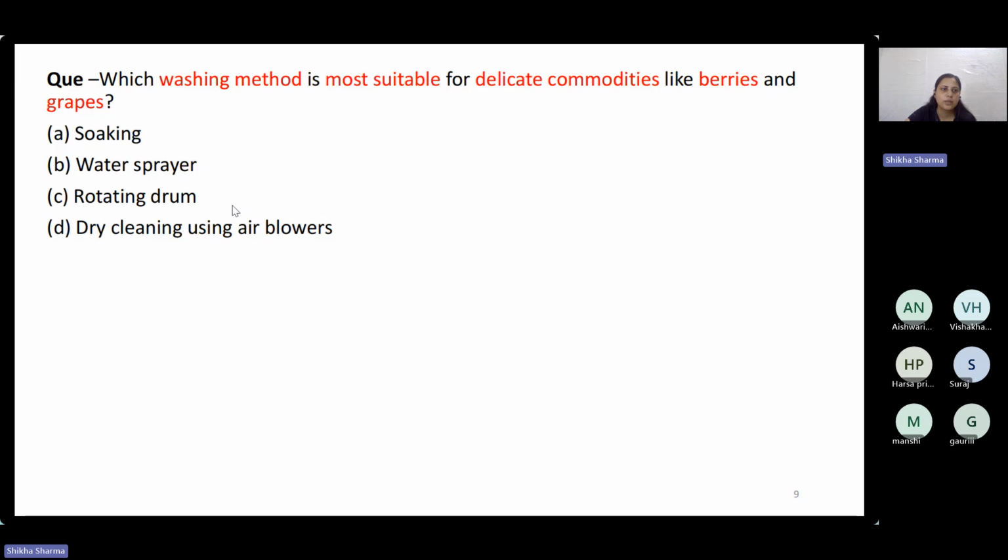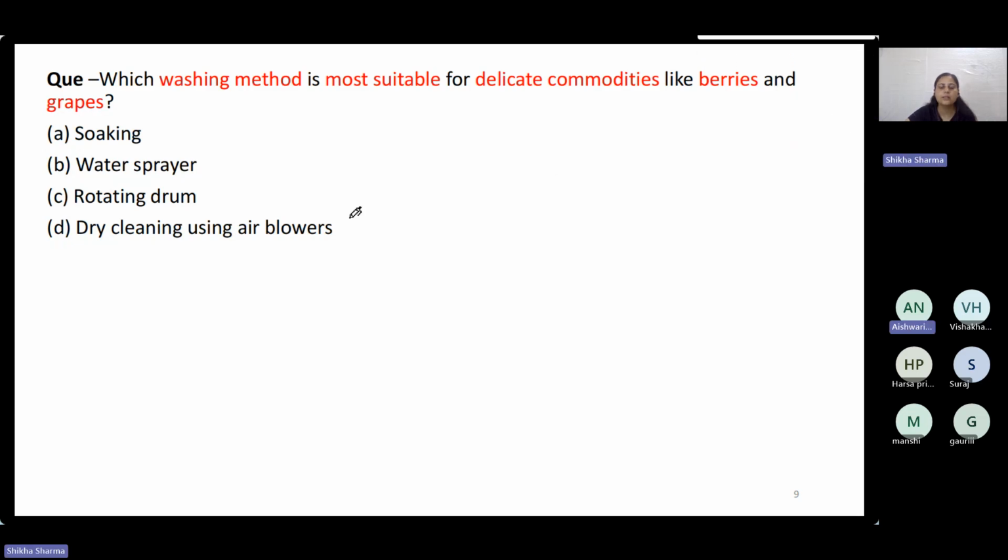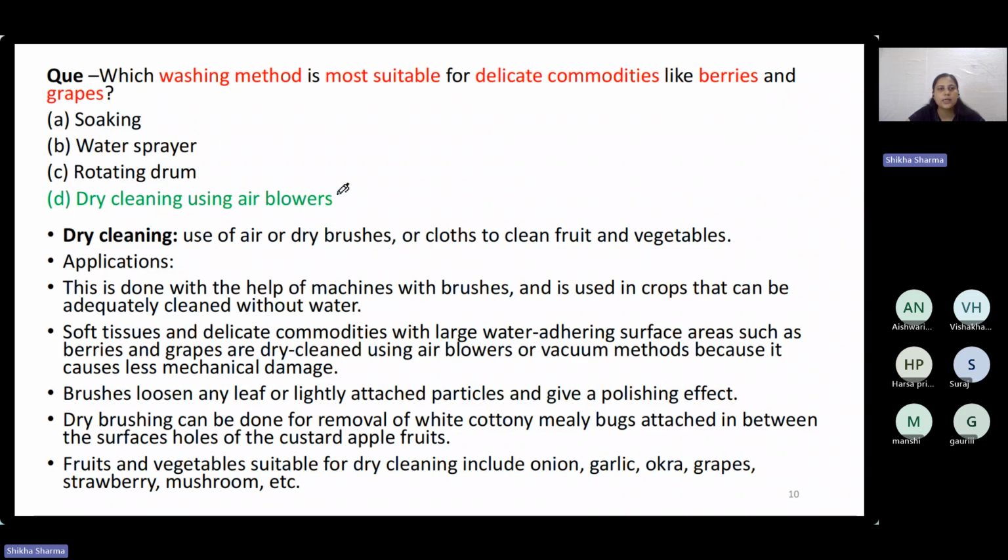So we have soaking and D. Anyone else whose answer is different from these two answers? Okay, let's discuss this part. Okay, we got 2 as D. Let's see. Okay, so D is the correct answer.